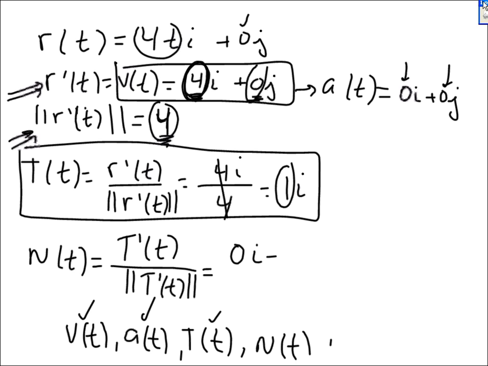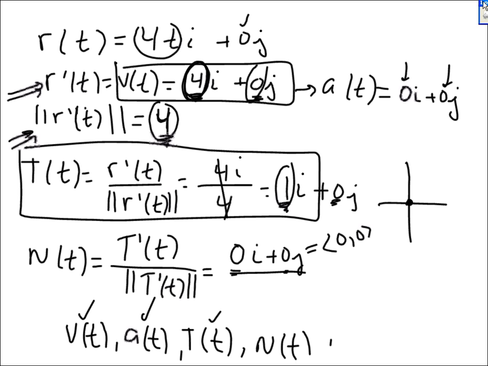It's 0i plus 0j. T is 1i plus 0j. The derivative of 1 is 0. The derivative of 0 is 0. And so that's a zero vector. That's just the component vector 0, 0. That is, it starts at 0, 0 and finishes at 0, 0. That is, the length is 0.